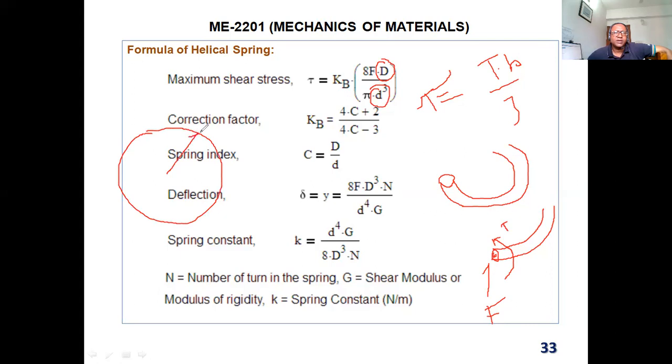This is the maximum r. If the diameter is d, then r equal to small d divided by 2. If you figure out the shear stress at r equal to 0, there is no shear stress due to the torque. But right over here it will be maximum. Gradually moving to the center, the shear stress will decrease, and at the center, 0.